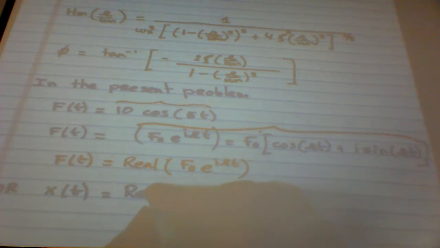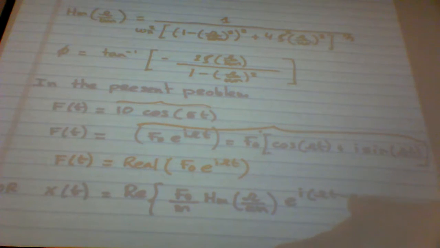That will be F naught over m, H of m, capital omega over omega n, e to the i omega t minus phi. So the total solution at the end is x of t equal to F naught over m, H of m, omega over omega n.